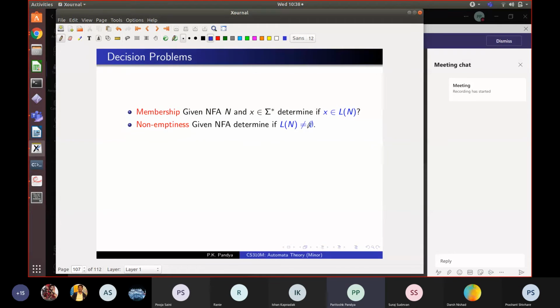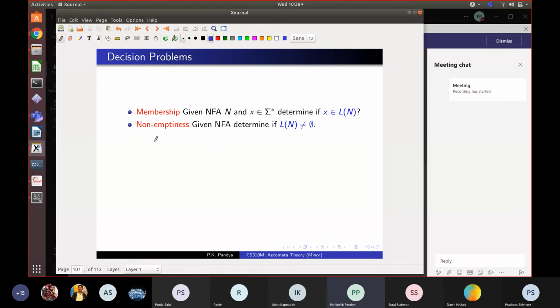Another problem you want to check is the non-emptiness problem. That is, at least there is some word that my automaton accepts. Sometimes automata are constructed using these language operations.